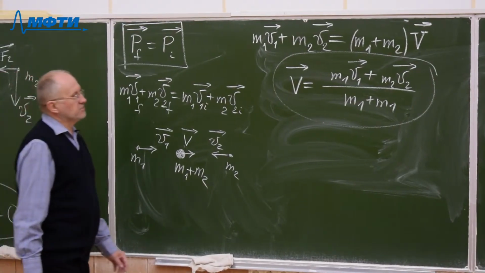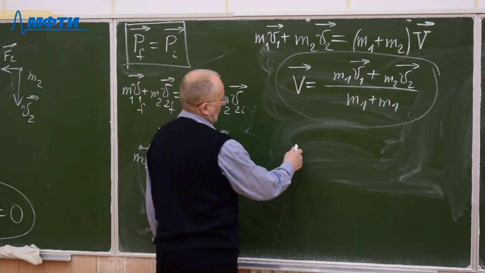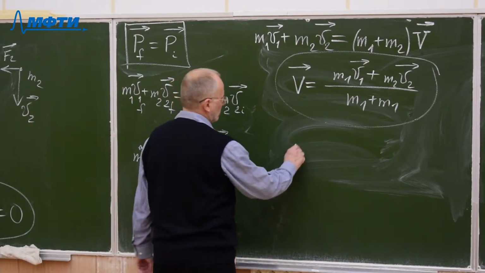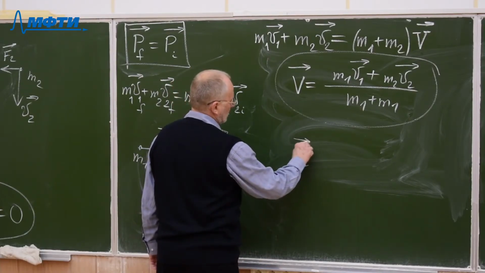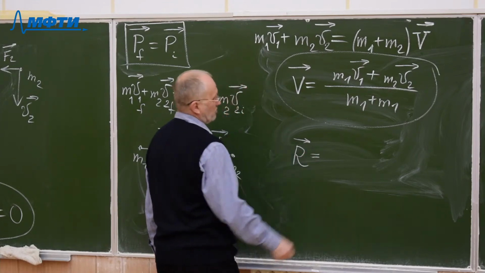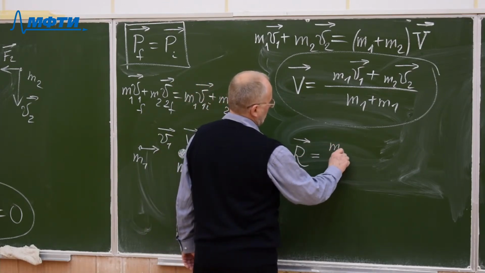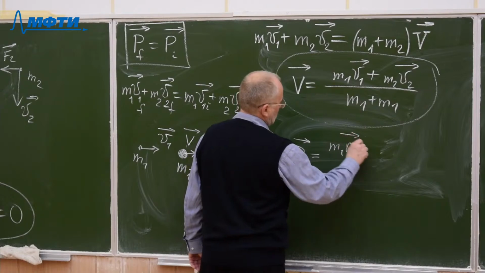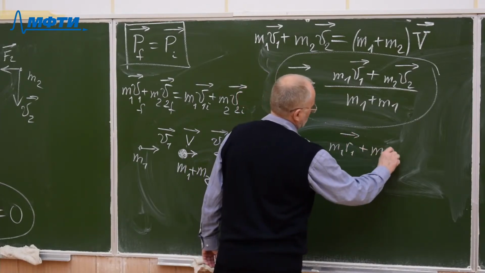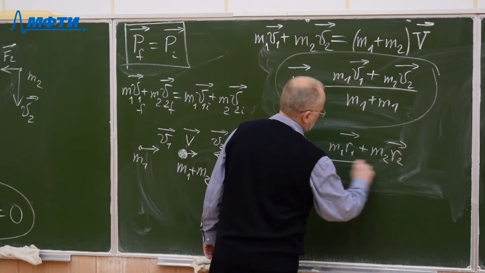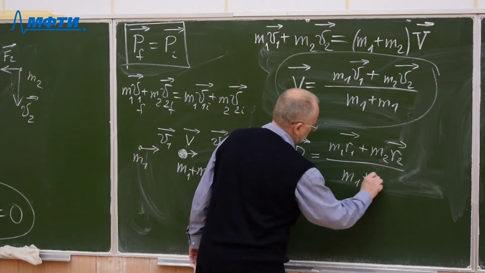Let's introduce a new notion of vector r defined by the formula m1 vector r1 plus m2 vector r2, divided by m1 plus m2.